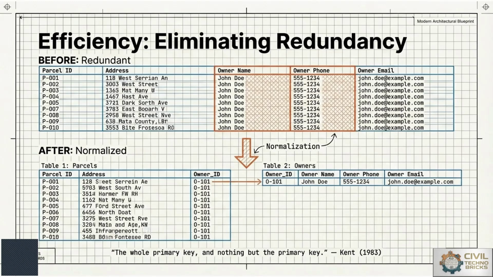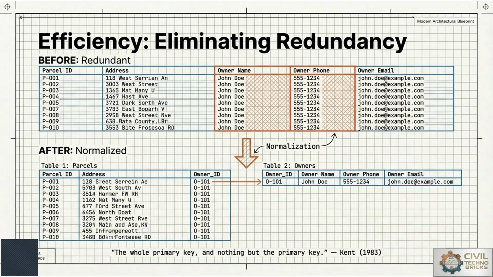Before normalization, the table has parcel ID, address, owner name, owner phone, owner email. So n number of columns are there for a single parcel ID. But if we normalize that data using column number 3, owner name, and column number 4, owner phone, we split the data into two tables, where table 1 is the parcel and table 2 is the owner.